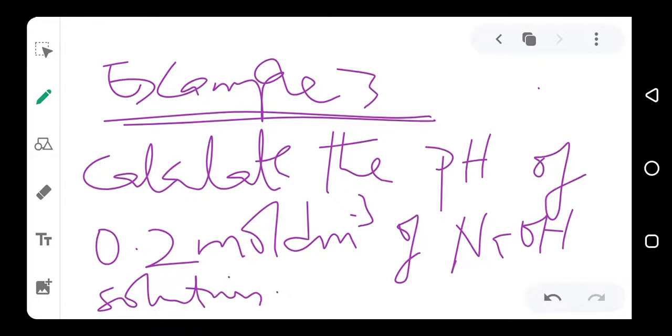Now, I've told you that pH is used when we are talking about acid, and pOH is used when we are talking about bases.